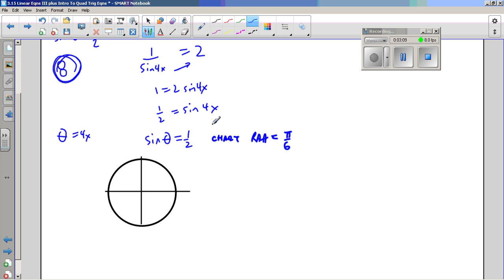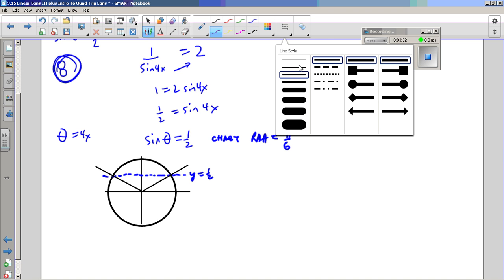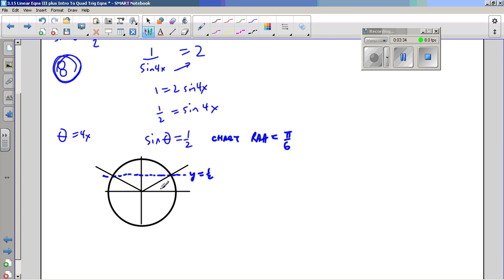If I wanted to, I could think of the y-coordinate being a half, and I could get my diagram that way. But it is a special angle, and I know that the sine is positive in this quadrant and this quadrant. We know 100 ways to think of this correctly to get the right diagram. So there's theta 1. Here's theta 2. And now we're off to the races.